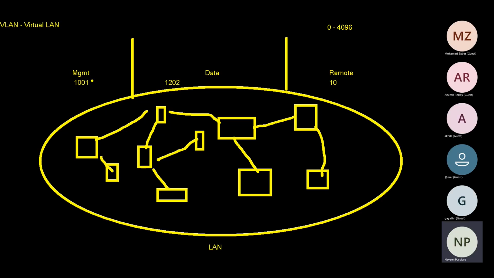So normally, what does a VLAN do? A VLAN will segregate the traffic. For example, I have a server which has two ports. I have connected both ports to one of the switches in this LAN network.